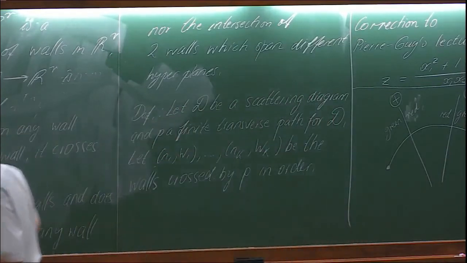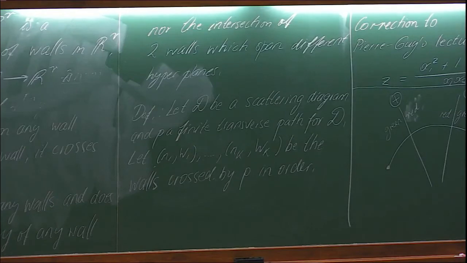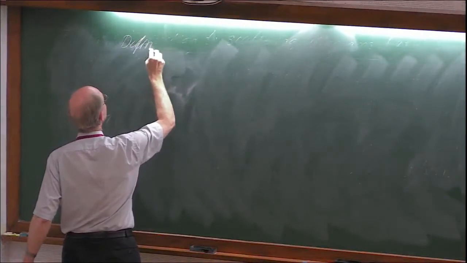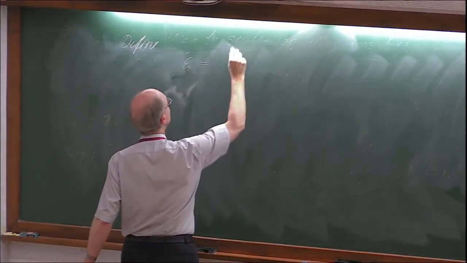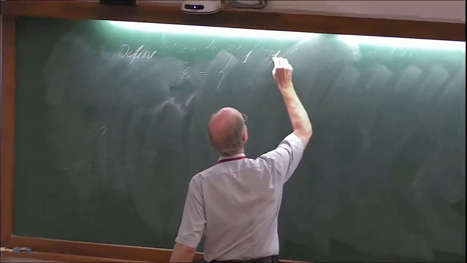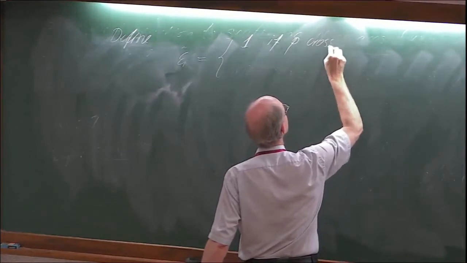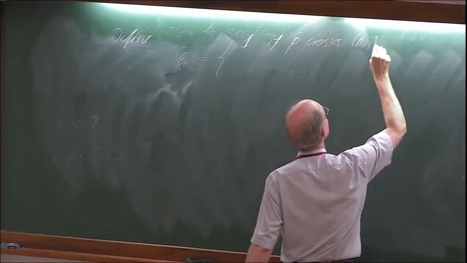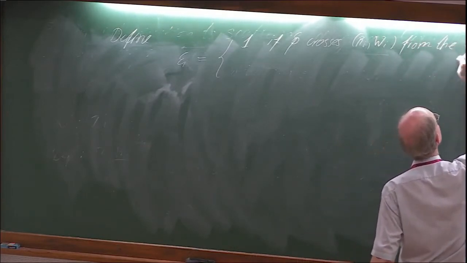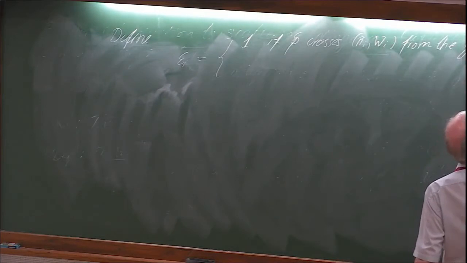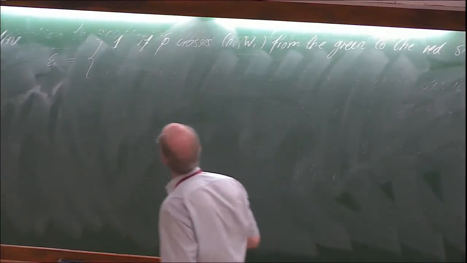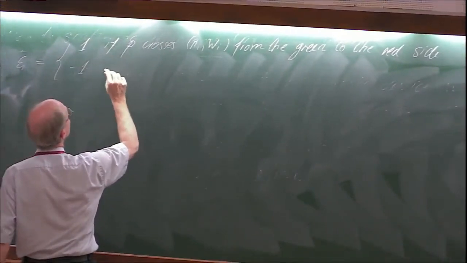Then we define epsilon I. Epsilon I is plus 1 if P crosses the wall NIWI from the green to the red side, and it is minus 1 in the opposite case.